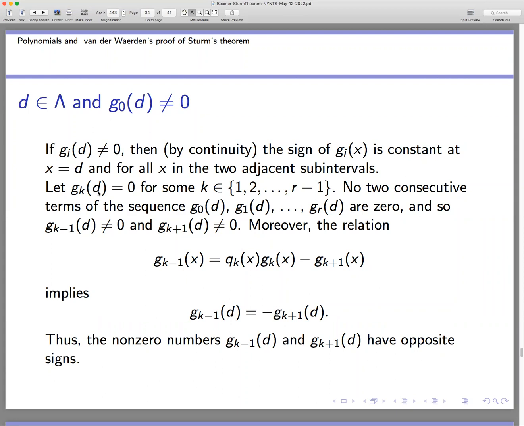So if G_k is 0 at d, G_{k-1} at d is non-zero, and G_{k+1} at d is non-zero. And we have this relation from the Euclidean algorithm. So at d, this is 0, so this at d is minus this at d. So G_{k-1} and G_{k+1} must have opposite signs. Neither of them is 0, and if one is positive, the other is negative.